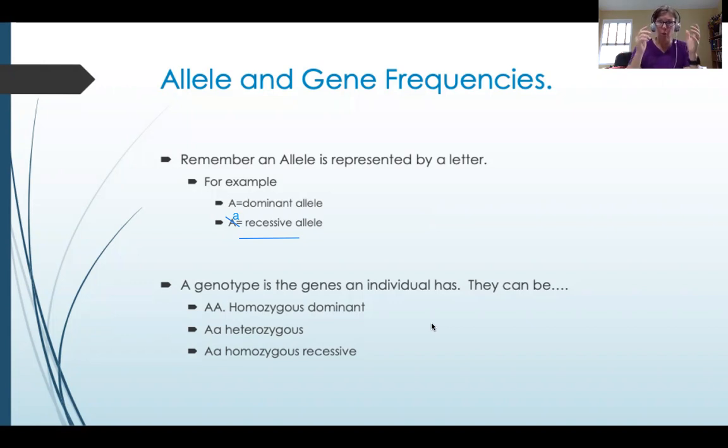So if you are homozygous dominant, you have big A, big A. If you're heterozygous, you have big A, little a. If you have little a, little a, you're homozygous recessive. All right, so do make sure you make note of those corrections there.